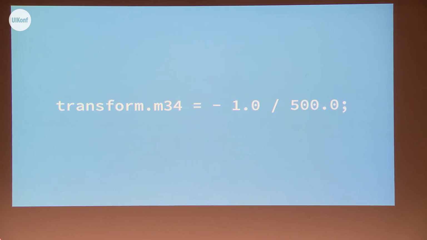And that's a really small number we're setting it to, but that's all it takes. And if you think about it, the pattern is usually to set it like this because the right side, the divisor, is actually like the distance the camera is from the views. And so 500 is just, you can pick it out of a hat and mess around with it and see what works best, right?